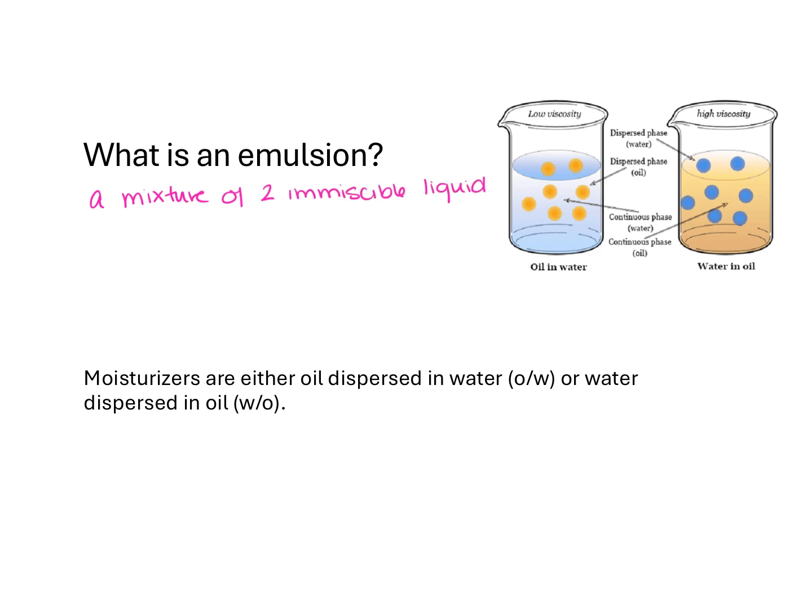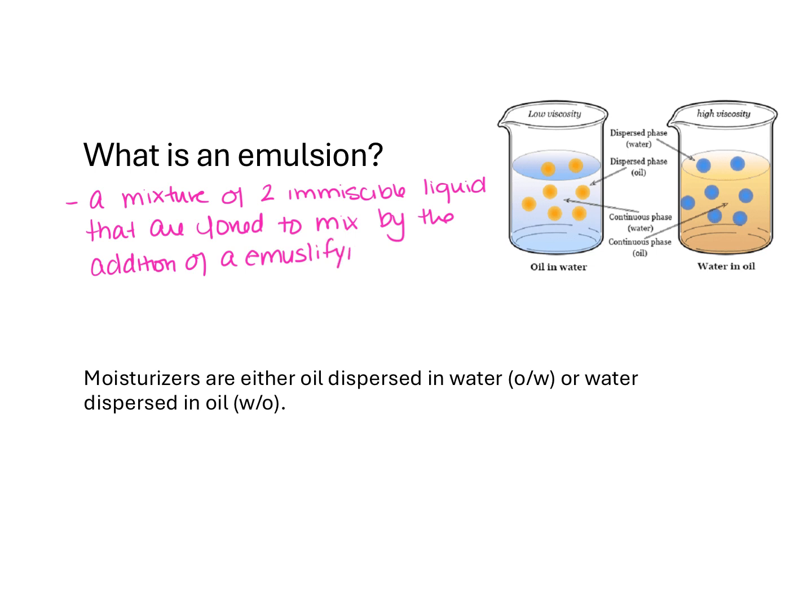Immiscible means they do not mix, that are forced to mix by the addition of an emulsifying agent and agitation, which just means mixing up. Okay. A really good example, and most of what we're going to see, are oil and water. These are the two immiscible liquids.